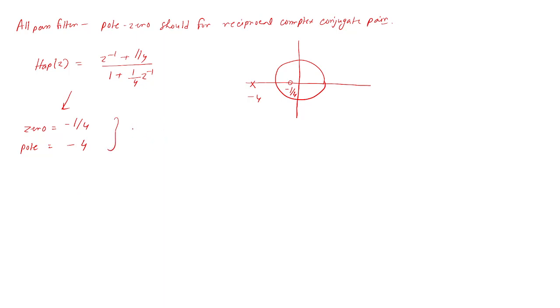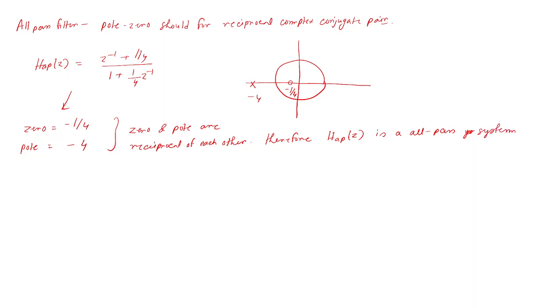So you can see from here, the zero and pole are reciprocal of each other, therefore H_AP of Z is an all pass system that satisfies the lossless property, as the absolute value of the transfer function comes out to be 1.